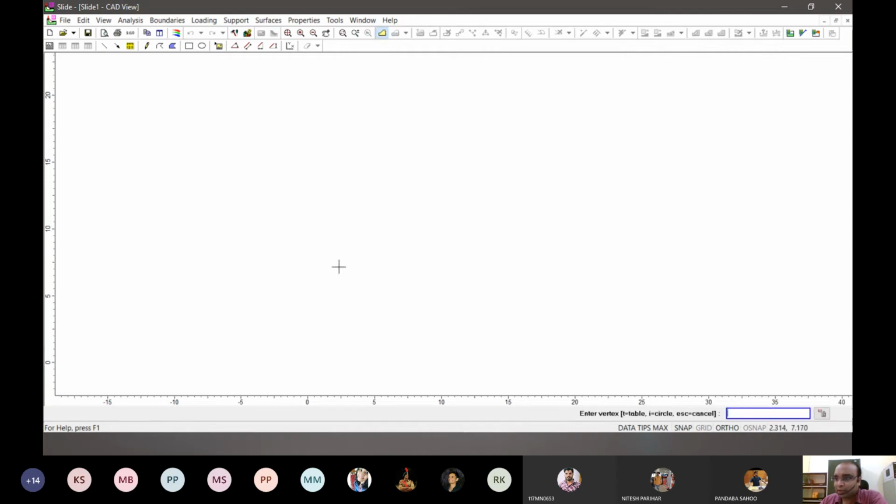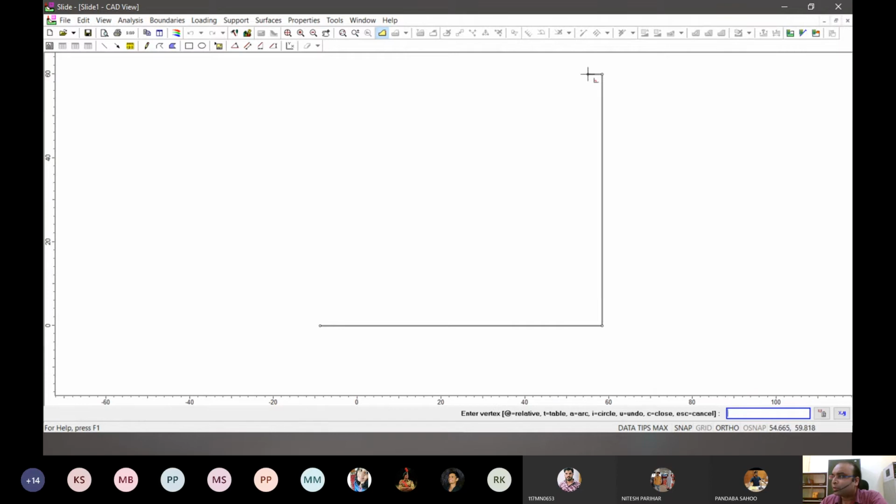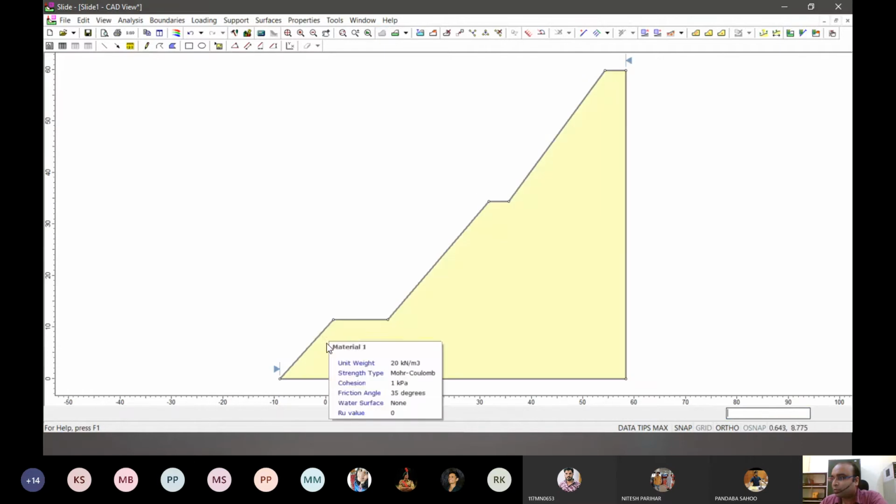So let's very quickly draw a slope that is maybe 60 meters tall. A small berm is there, and similar to what we did yesterday, we will make a two-bend slope and finish it off here.